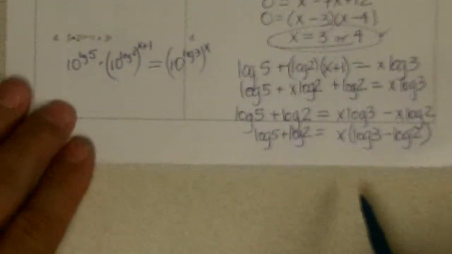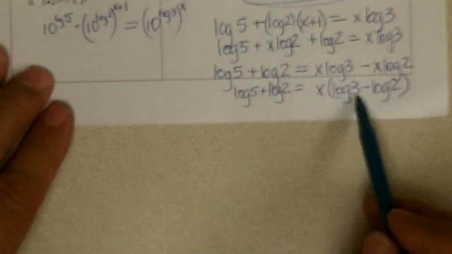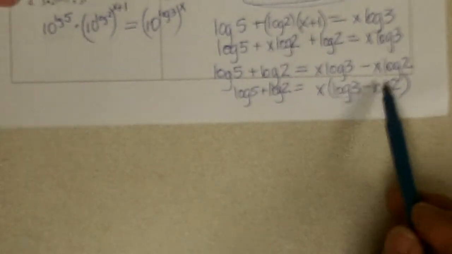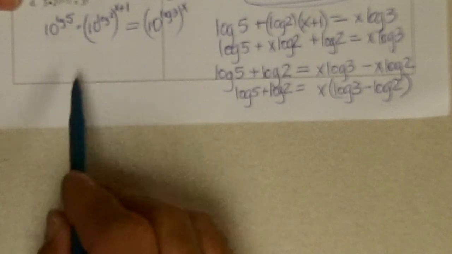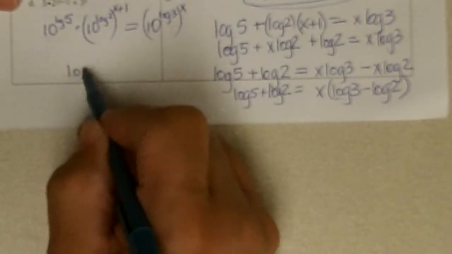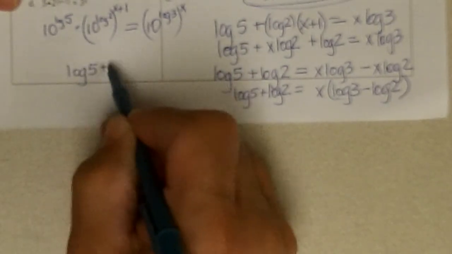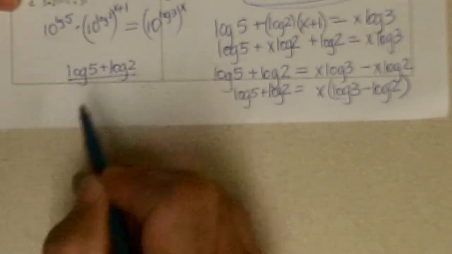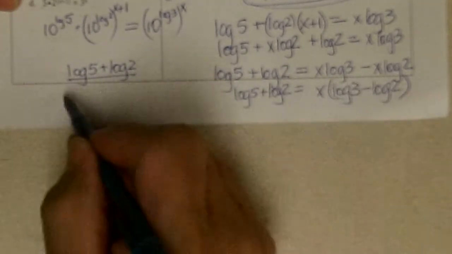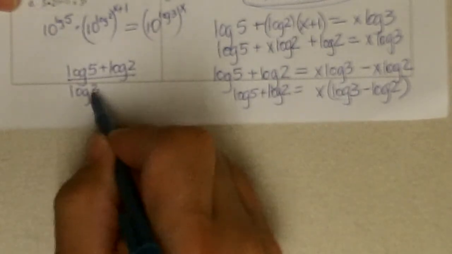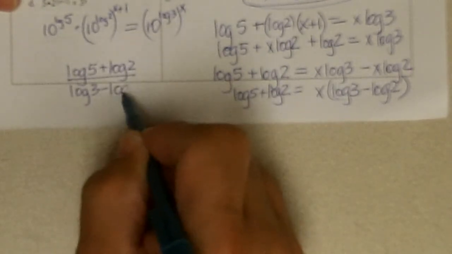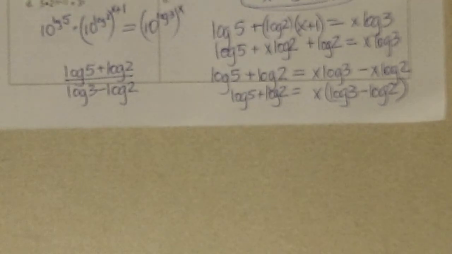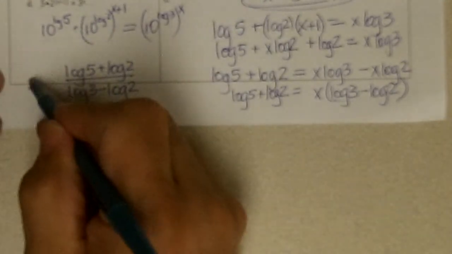And now I would find x by just dividing by log 3 minus log 2. So I'm going to move that over to here. So I'm going to have log 5 plus log 2 divided by log 3 minus log 2. And that is what x is.